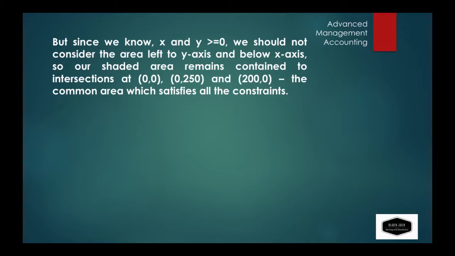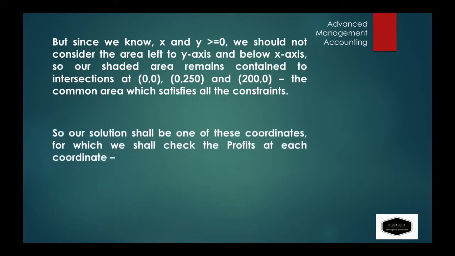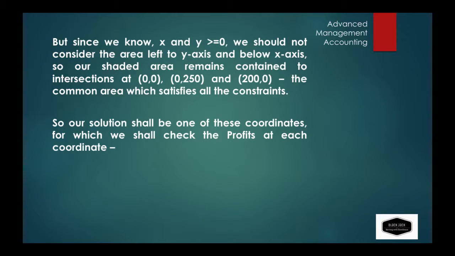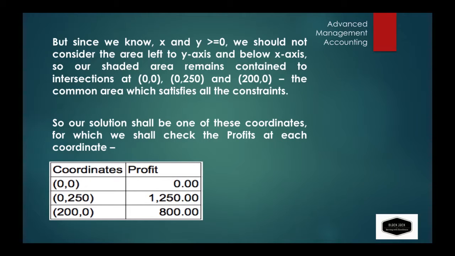But since we know that x and y are both greater than or equal to 0, we should not consider the area left of the y-axis and below the x-axis. So our shaded area remains contained, with intersections at points (0, 0), (0, 250) and (200, 0), the common area which satisfies all the constraints.